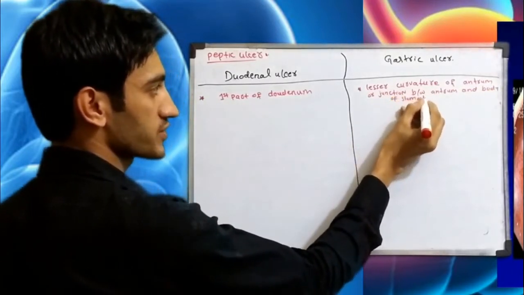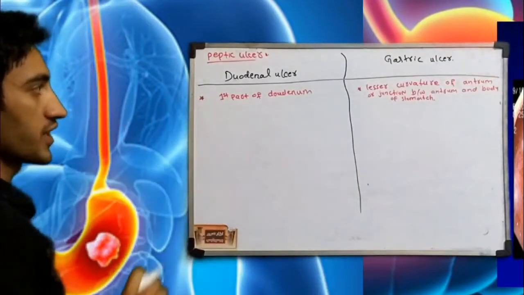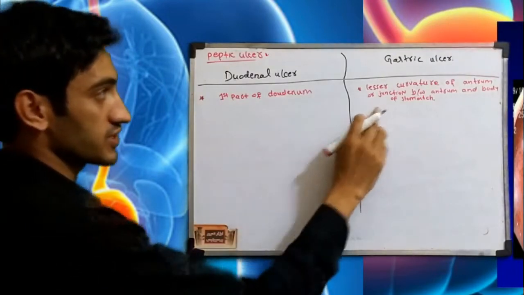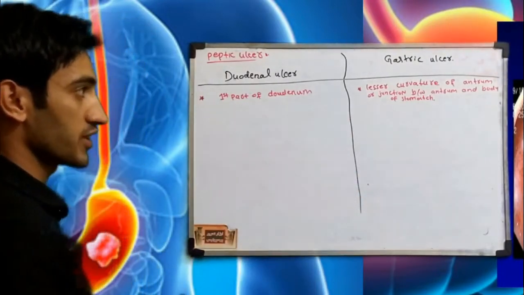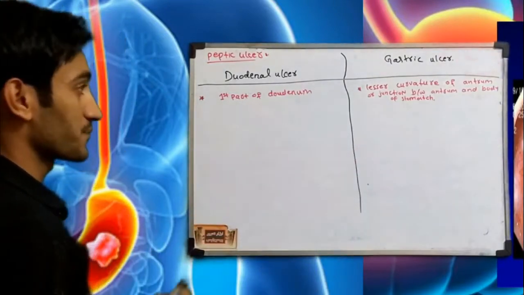So one difference is the location. The duodenal ulcer occurs in the first part of the duodenum, and gastric ulcer occurs in the lesser curvature of antrum or junction between antrum and body of the stomach.